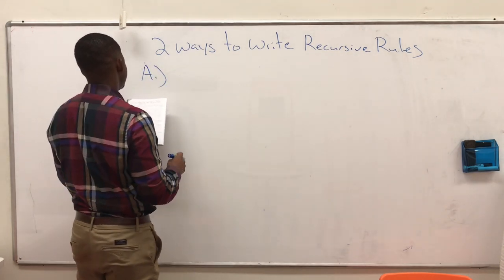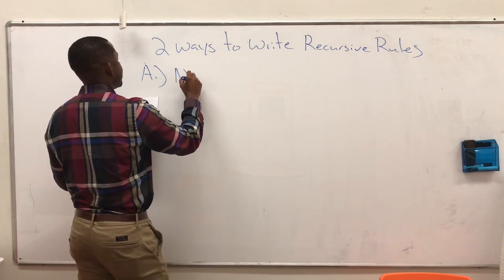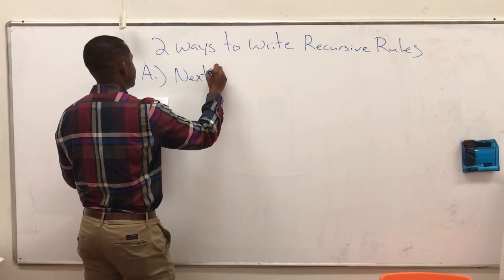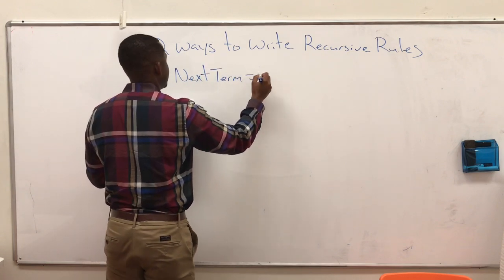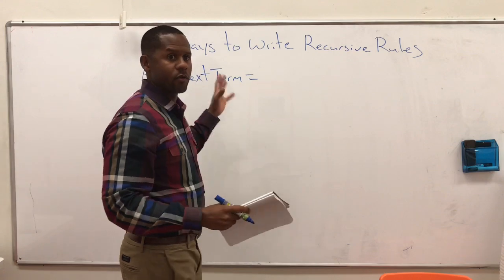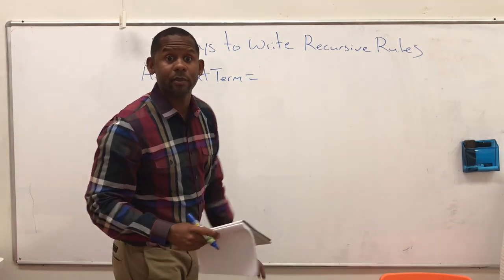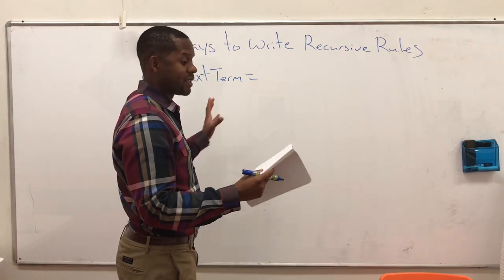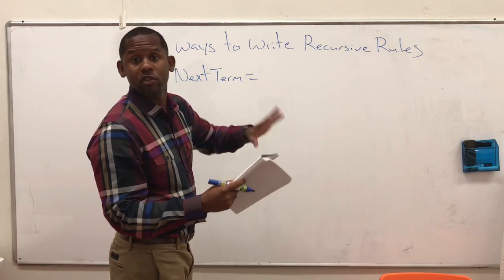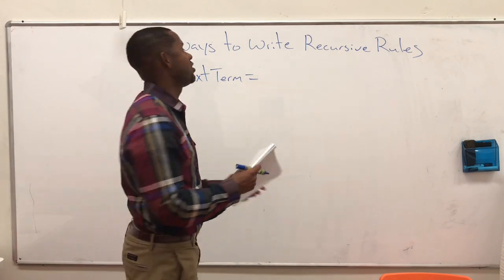First way is when you say, okay, well, the next term equals. So this is where I start with, I want to know, what's the next term going to be? Well, I take my current term, and then I multiply it, or I use whatever operation, to it.